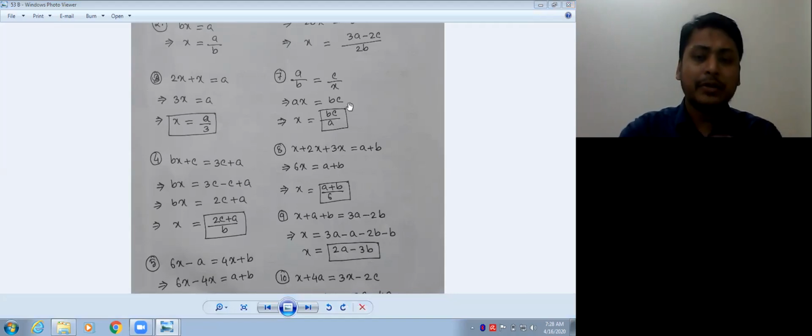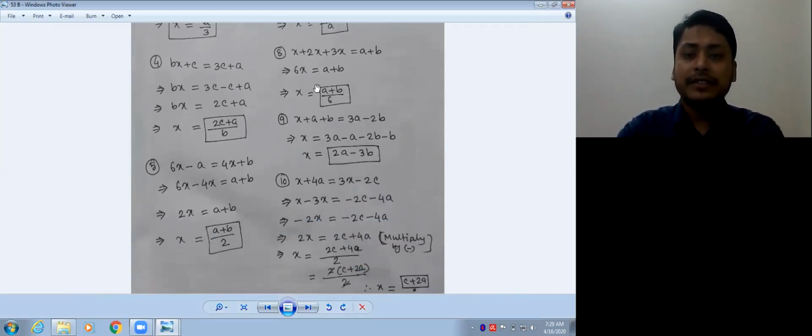And also here you can start from any corner, no problem. But finally you have to find out the value of x. So x equals bc by a. In 73a, I wrote a multiplication sign with x. And here I multiplied. Both are correct.